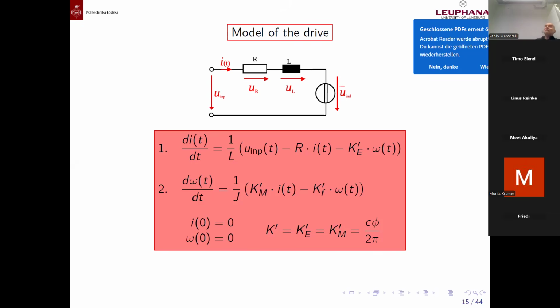If you don't have current, we don't have magnetic energy. I'm just explaining in a colloquial way. We can also improve a lot this concept of the state, but the state variables somehow reflect the energy. The current reflects the magnetic energy in the system. Omega reflects the kinetic energy in the system. We have two kinds of energies in the system.